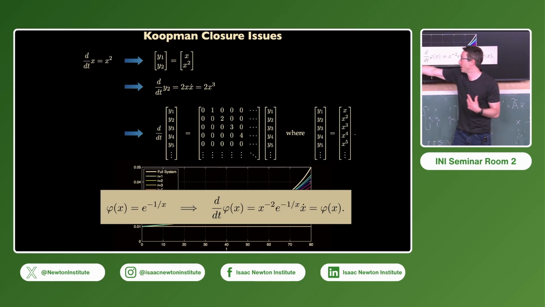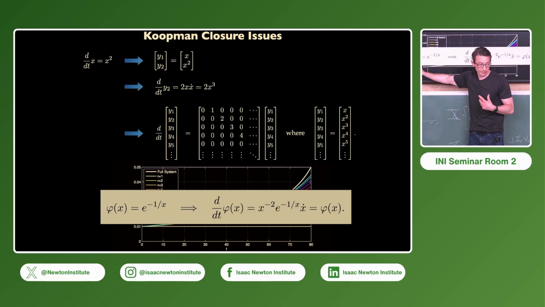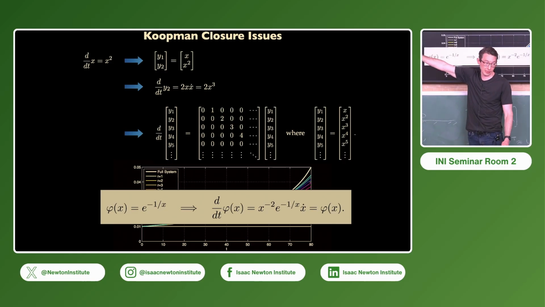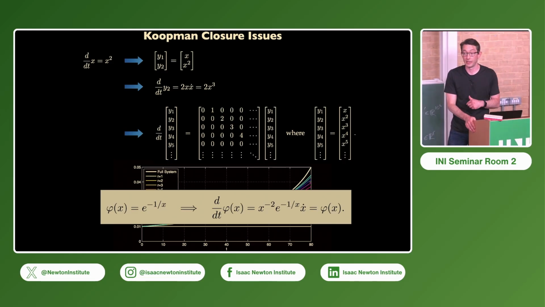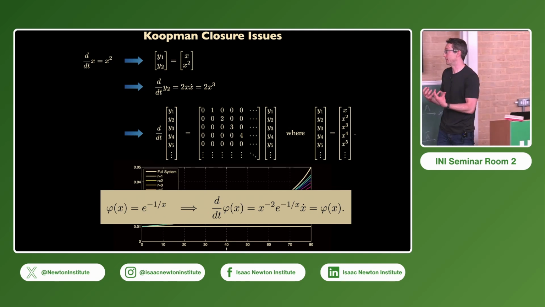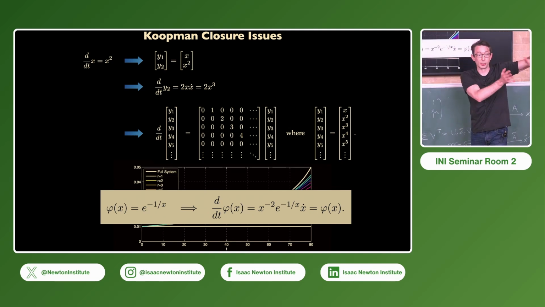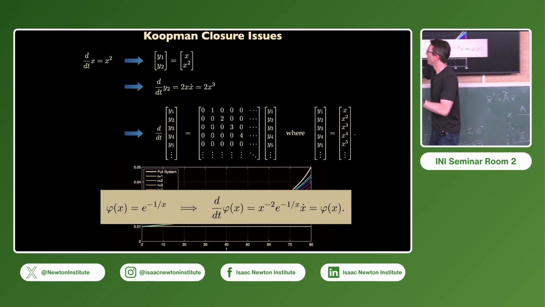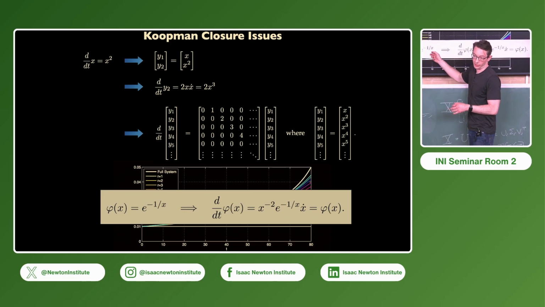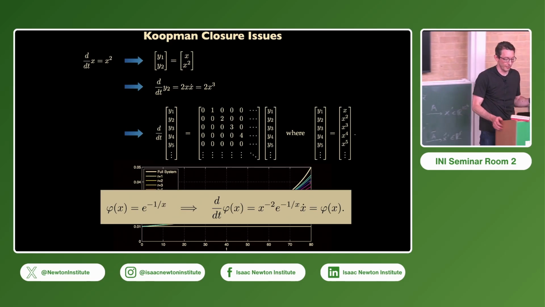Assume that your phi has a two-sided series expansion, positive powers of x and negative powers of x. You plug this into that equation, and you assume that phi dot equals lambda phi. You can basically derive a recursion relationship for all of those coefficients in that two-sided series expansion. And when you solve for them, you'll get e to the minus 1 over x as the only expansion that is reasonable. Okay, so you can play around with this.